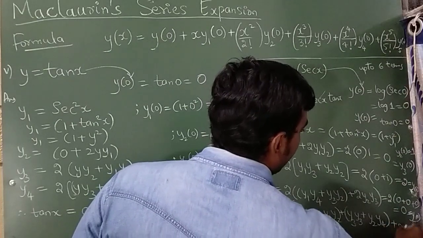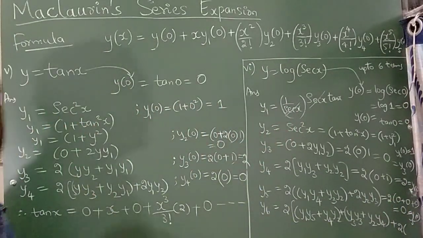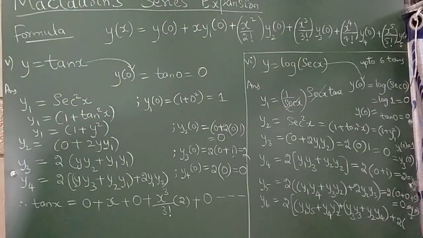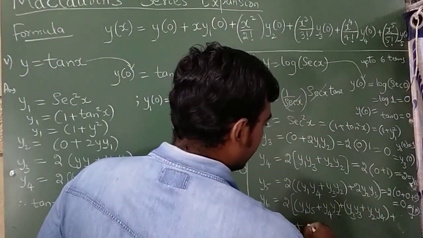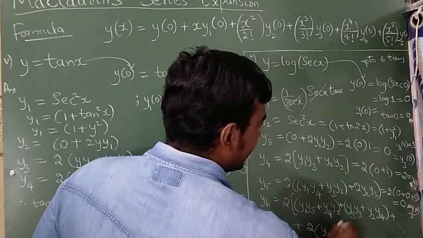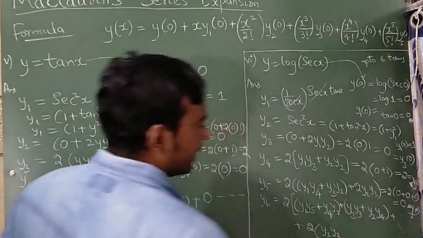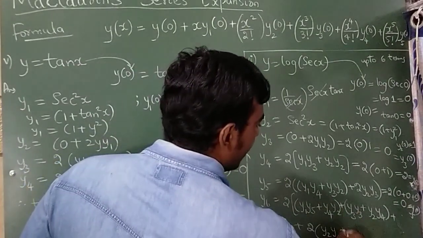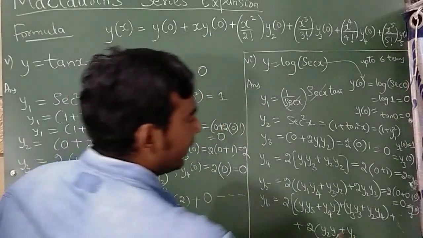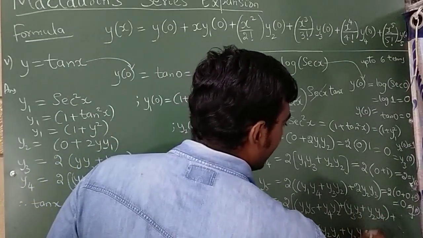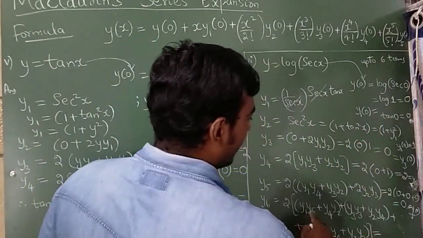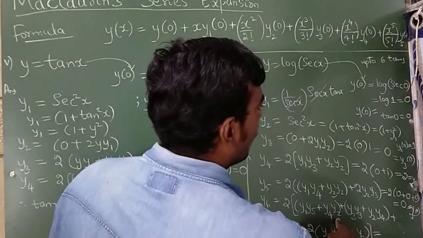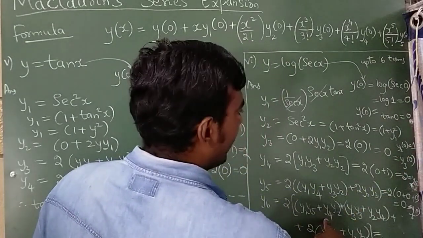Plus again this also by the UV method. Plus 2, keep y2 as it is, y3 if differentiated then it will become y4, plus keep y3, if you differentiate y2 then it will become y3. Now y1 is what? 0.